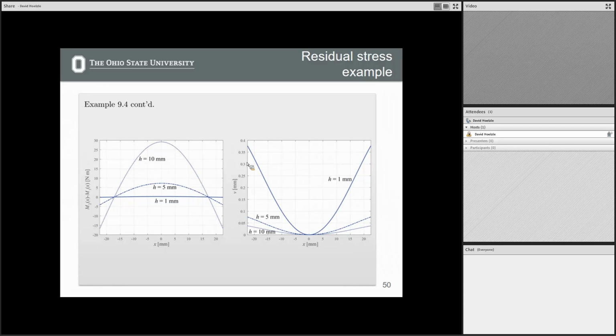Yes? Would it be possible, if I'm building a thin part, to measure the deflection and build it onto a curved surface, so that once you take it off, it'll deflect to be flat? So invert it? Yeah. Yeah, so there's an America Makes call to do just that.